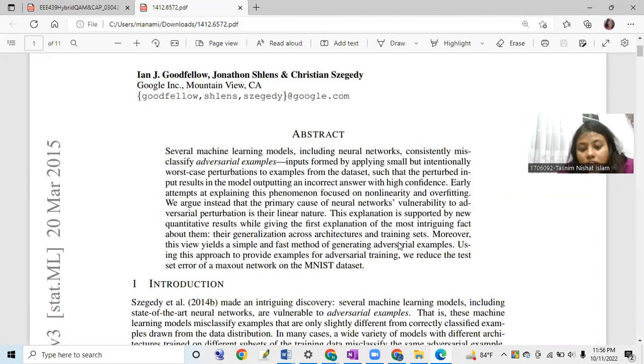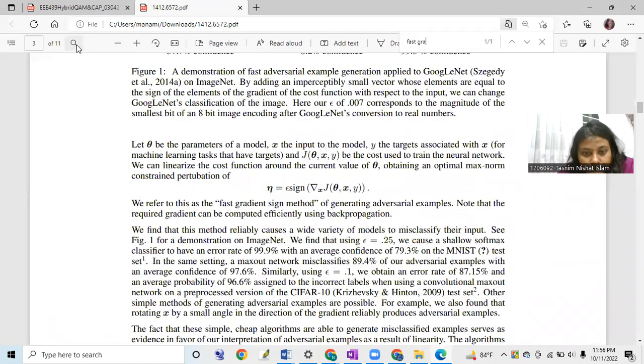It's like you are presenting a theory and then you do some examples and you're good to go. And here we are only working on the fast gradient method, right? And we found it. So I actually searched for it.